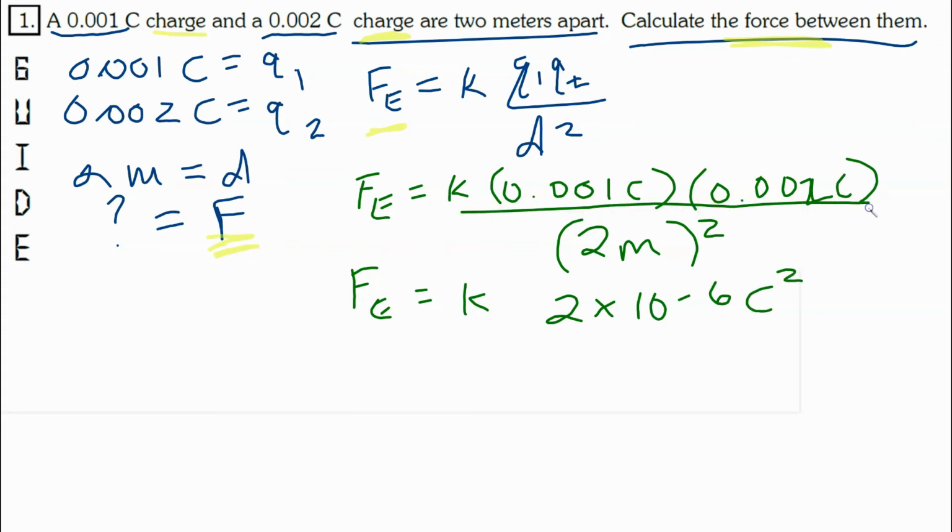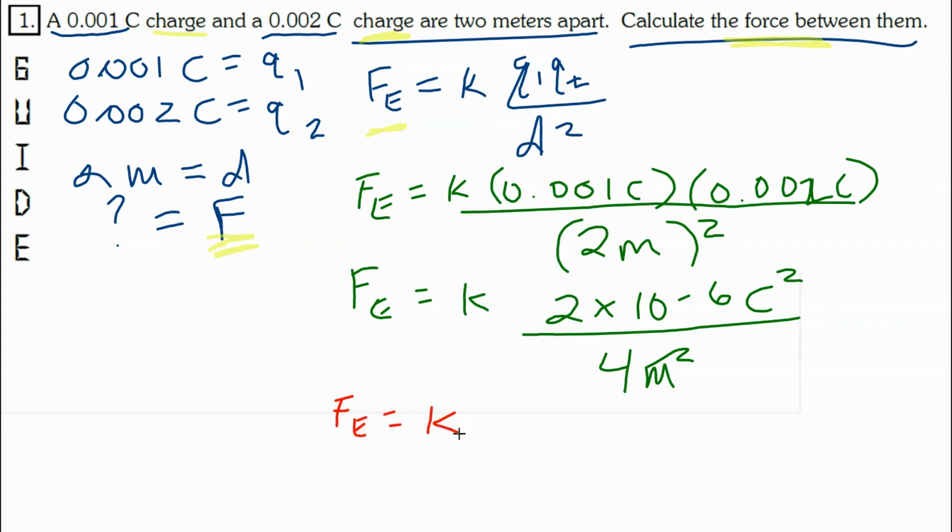Now I'm going to do the division by simply at this point writing the division step down. And then I've got to square that 2 meters. So 2 times 2 is 4, and I square the units. A meter times a meter is meters squared. My next step down here, electrical force, the K value.